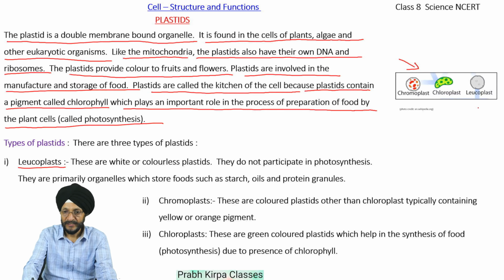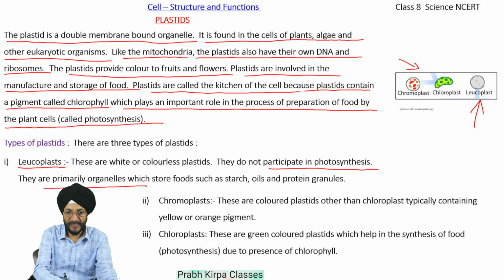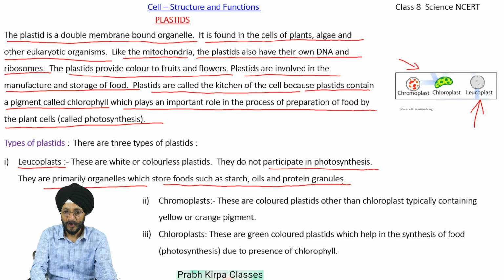Leucoplasts. These are white-colored or colorless plastids. They do not participate in photosynthesis. They are primarily organelles which store foods such as starch, oils, and protein granules. Chromoplasts are colored plastids other than chloroplasts, typically containing yellow or orange pigment.